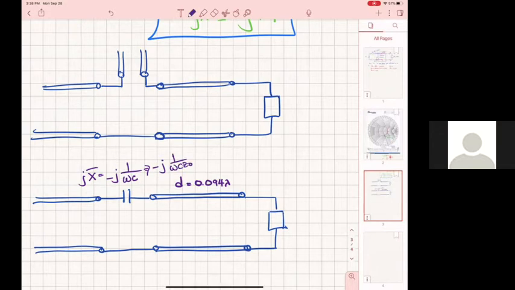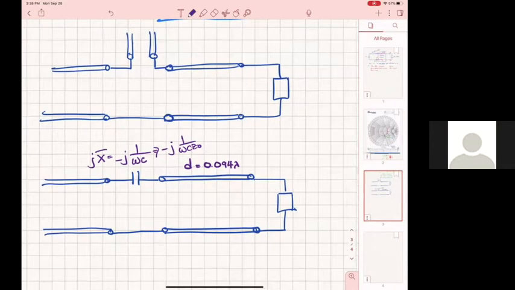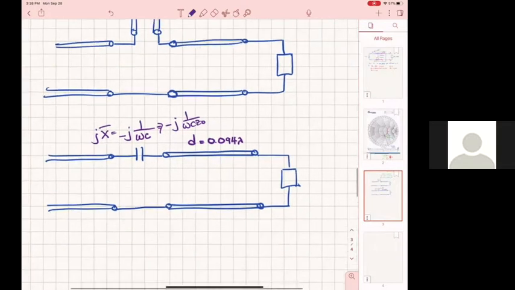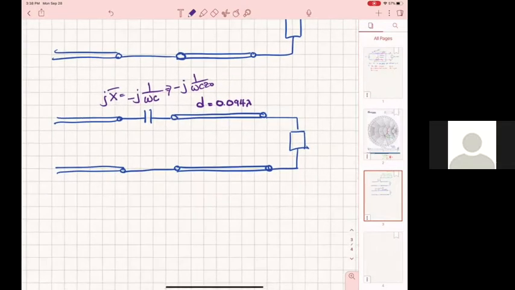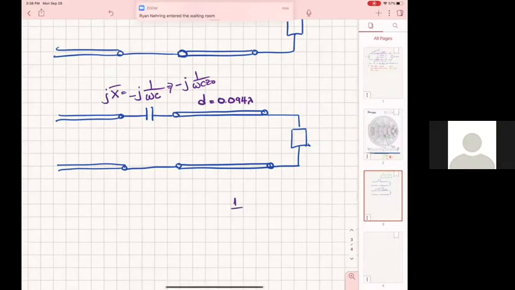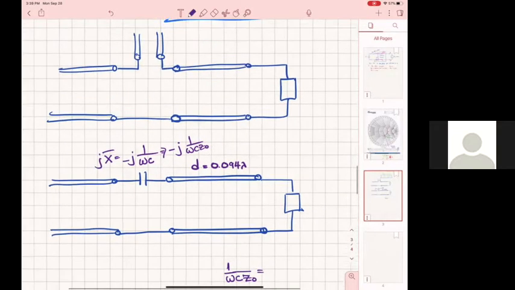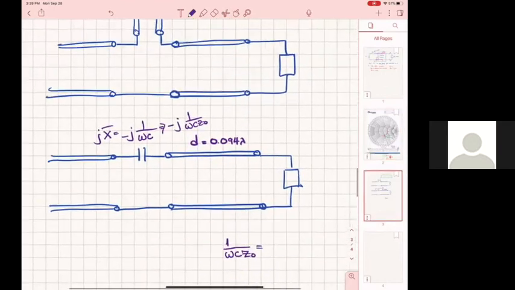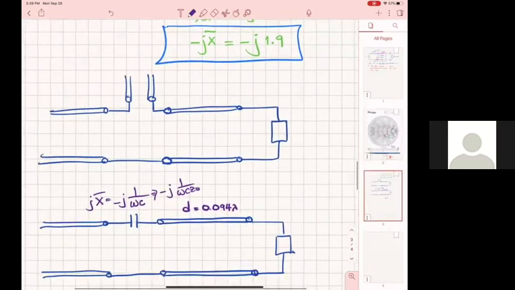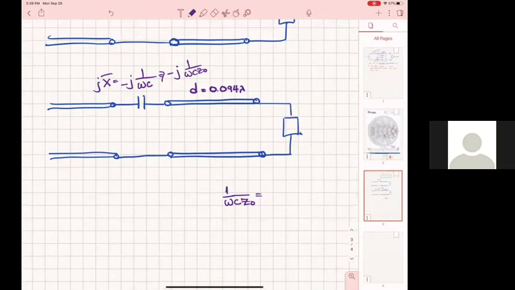Okay, so now I can find the capacitor. So 1 over omega C Z naught equals, what did we find? 1.9. We took away the minus j, so it's 1.9.